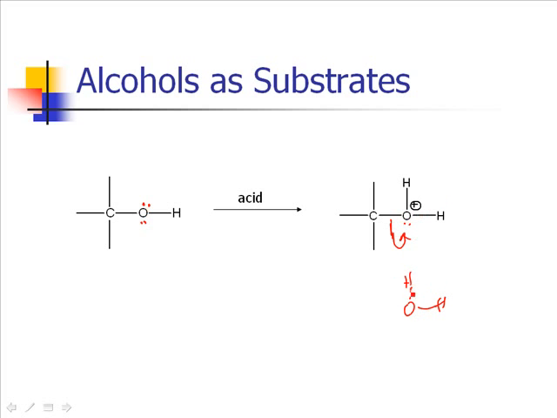Water is a weak base, and so as a result, water is a better leaving group than hydroxide, OH-. And we can use a strong acid to encourage the OH group to fall off as a water molecule. And this occurs by forming the conjugate acid of our alcohol by putting a proton onto the oxygen of the alcohol functional group.